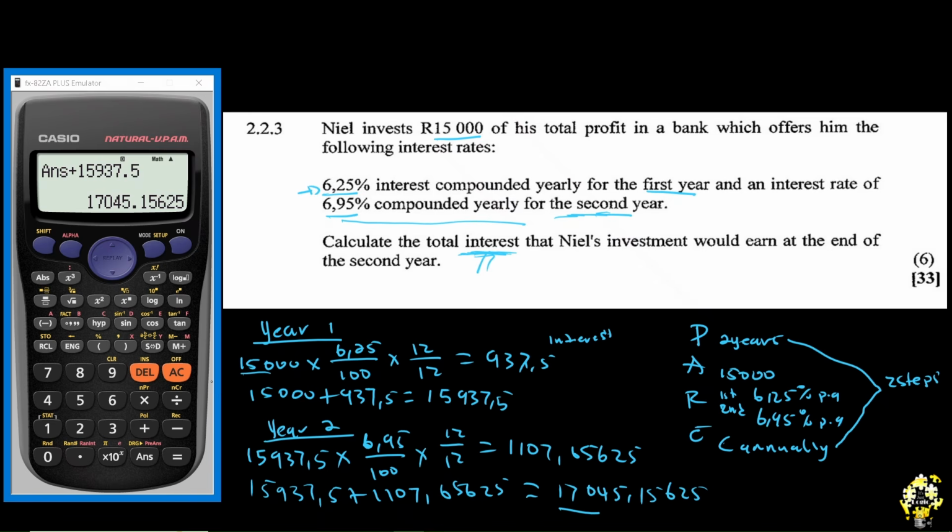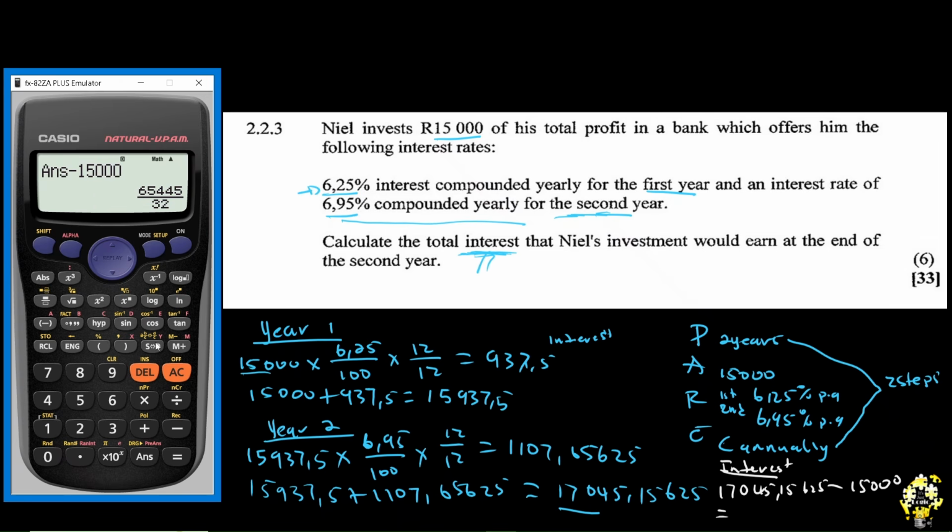Let's use a different color so you can see. So here, let's say interest. We're going to say 17,045.15625, subtracting 15,000. It's already here, so let's just say subtracting 15,000.